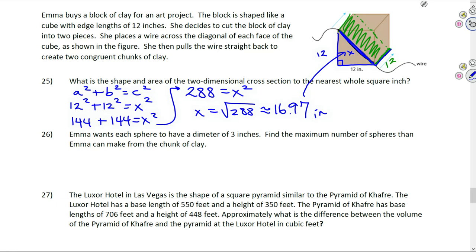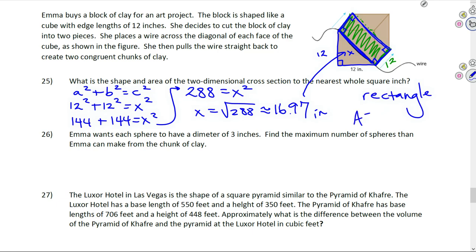Okay, so this shape right here, this length here is 16.97, and this length is 12. And if you can picture it within the cube, you actually would get right angles here. It's kind of hard to prove that in an easy way, but it does end up being right angles. And so you get a rectangle. Okay, that's the shape. And the area is, oh, I didn't find the area yet. Whoops, it's a rectangle.